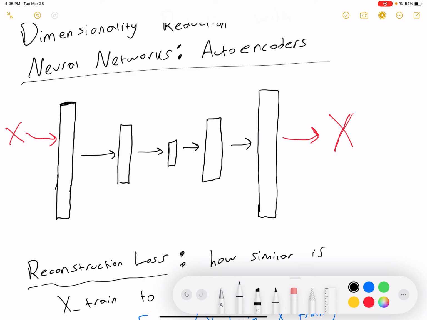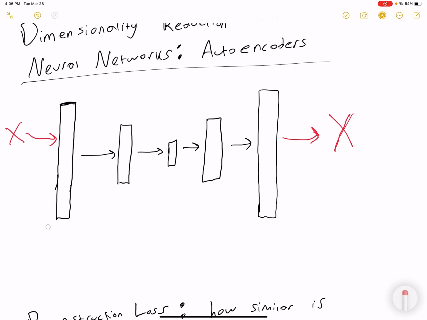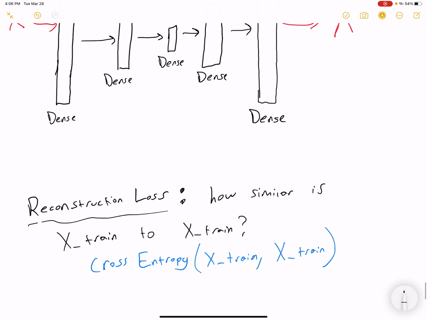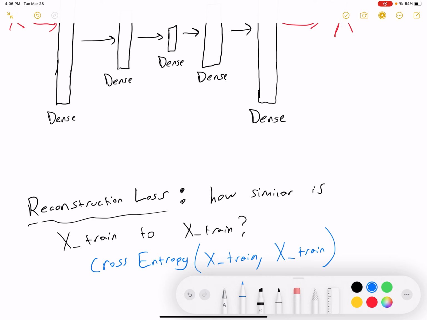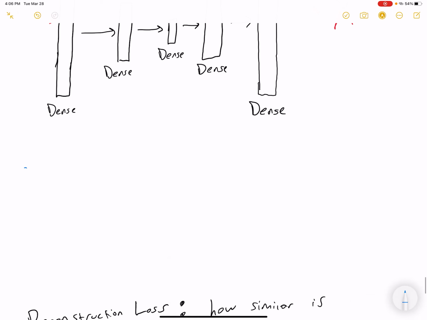It could be any type of neural network, but what I'm trying to draw here are dense layers. These are all the dense layers that we learned about last class, just with a smaller number of nodes per layer. Let me do a concrete example, if this would help.